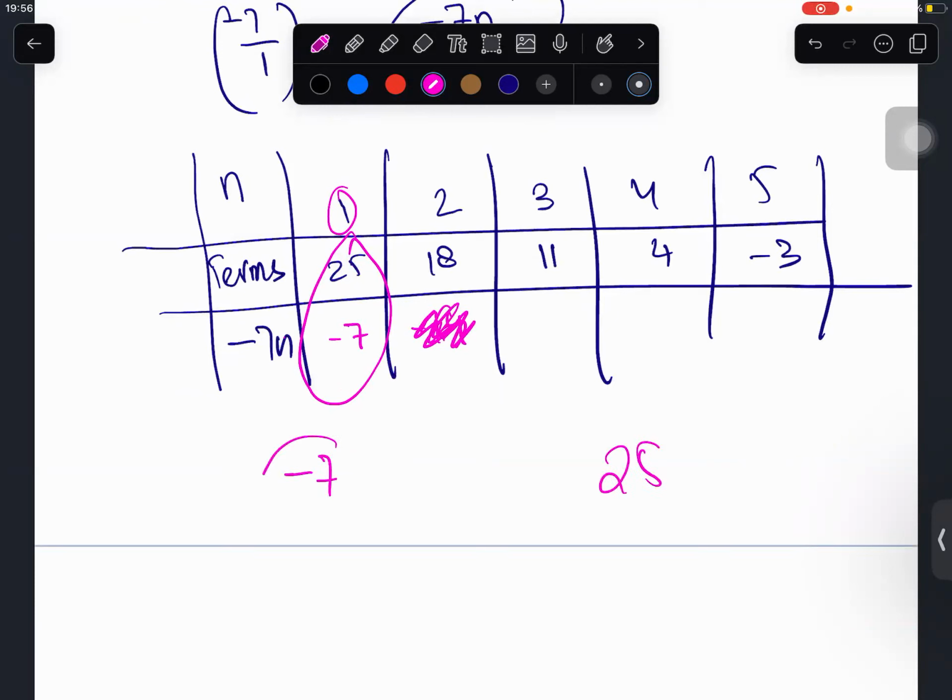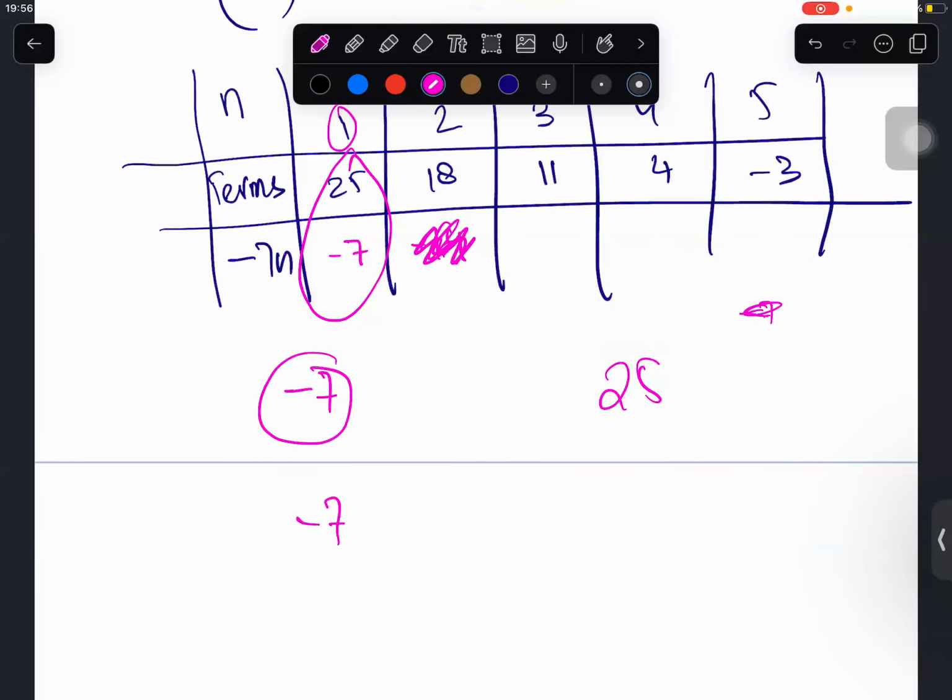So what do we need to do to -7 to get to 25? For example, if it was -7 and we had to get to just 5, we'd have to add 12, right? -7 plus 12 would be 5.